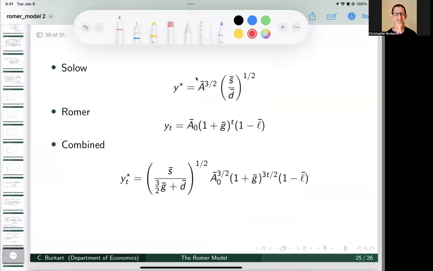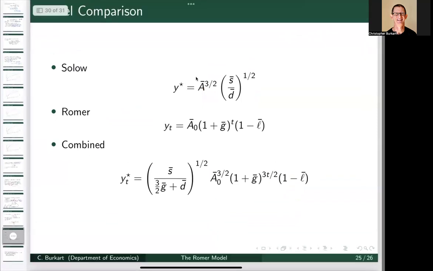Don't forget that. So to summarize everything here, looking at all of these different models that we've put together, we've got the Solow model's steady state on the top. That's fixed. It just sits there once you get to the steady state. We've got the basic Romer model with no capital.